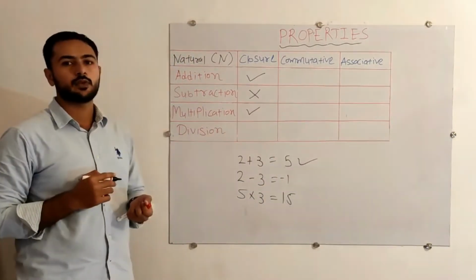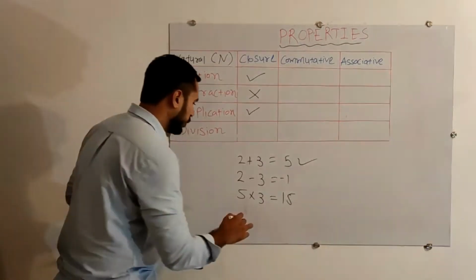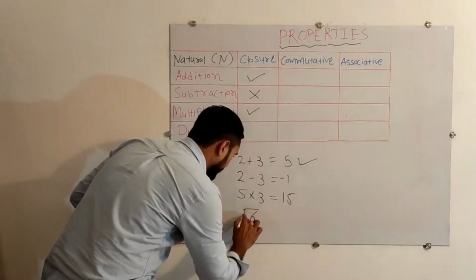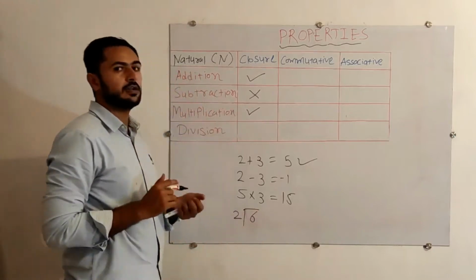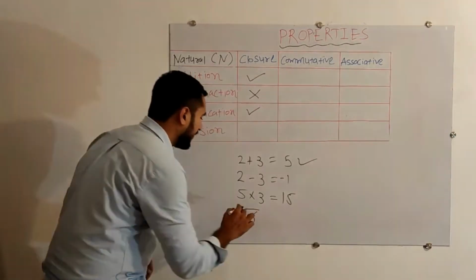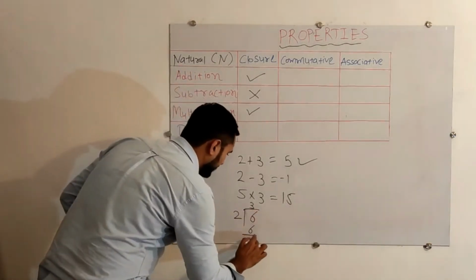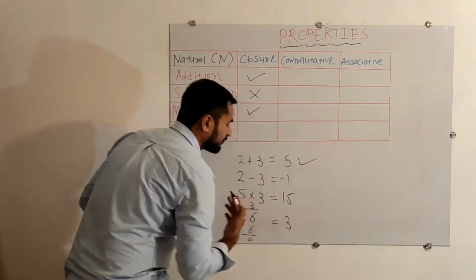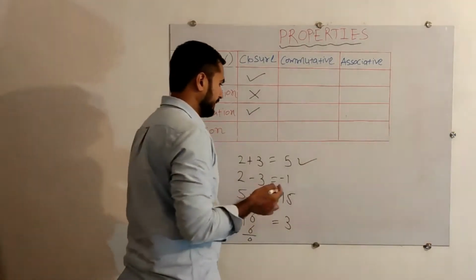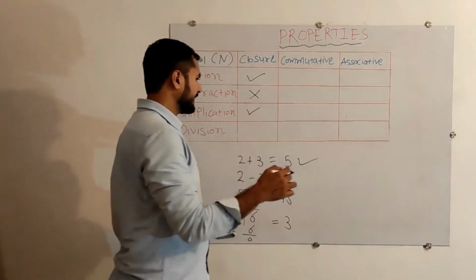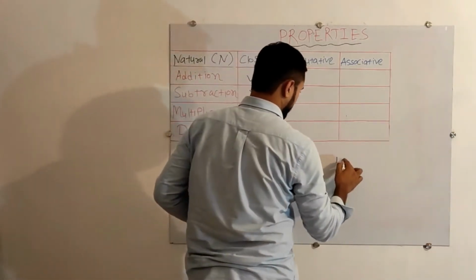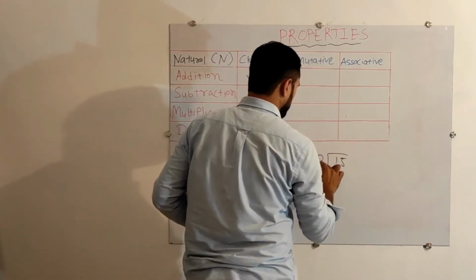For division, let's see, if I do 6 divided by 2. What will we get? 2 3s are 6, 0. It means the answer is 3. But suppose I take a number like 15 divided by 2.